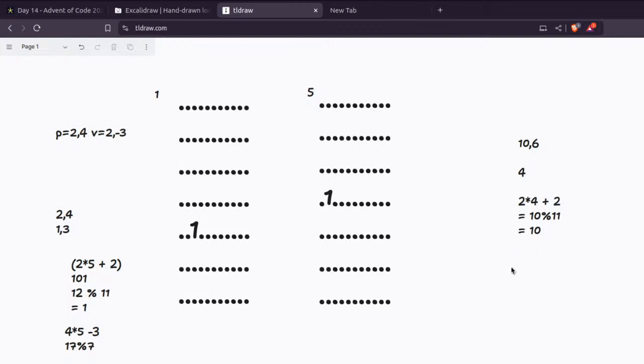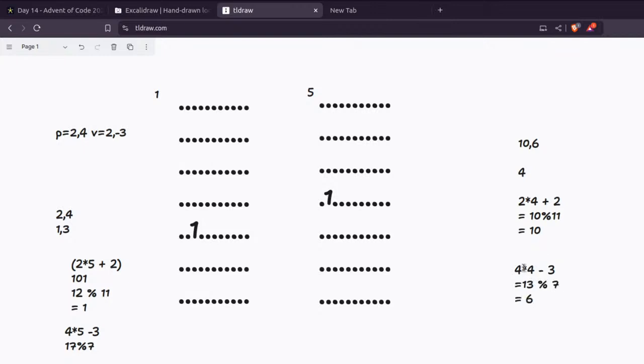Let's go for the y component, so I place it in 4 times 4 and subtract out 3 from it, right? And that turns out to be 16 minus 3, 13. 13 mod 7, that is 6. Yeah, it is 6.